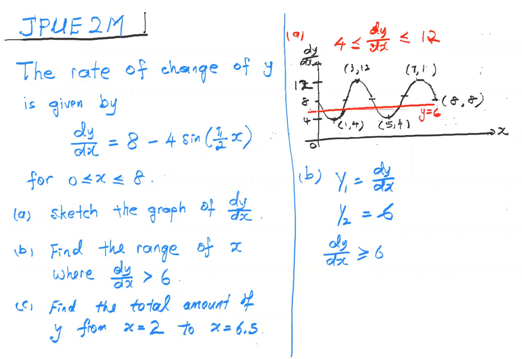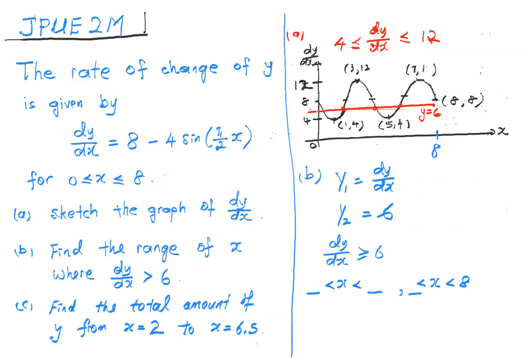So you are supposed to find the coordinate of this point and this point, and this point, and until 8. 8 is still more than 6, correct? So that means you will have x between the two values. I don't know what it is, you please find. And x is greater than certain value, then less than 8, because this is the last point, 8.